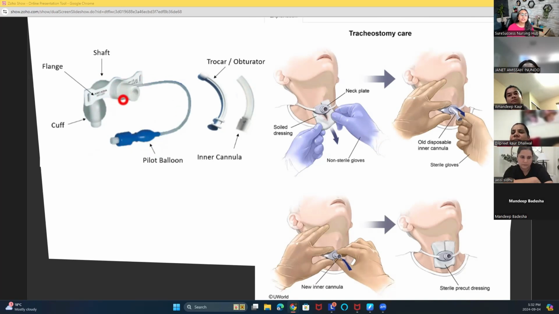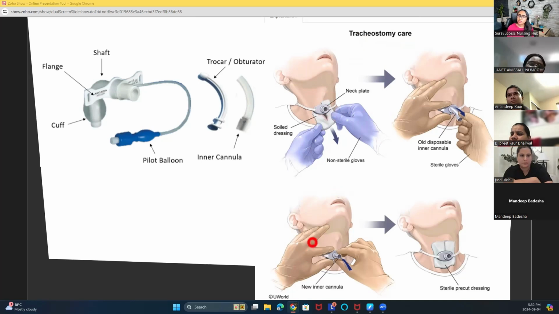So we have the obturator. This one is the permanent one, and there is a temporary one, the disposable inner cannula, which can be disposable or reusable. Whenever you are doing tracheostomy care, it is a sterile technique. Do you think the old gauze piece is sterile?